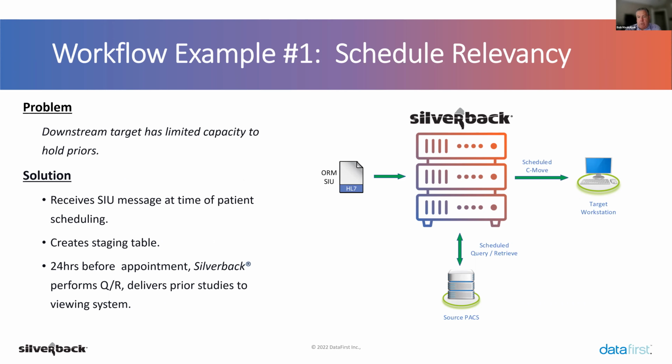And then on the last day of November, we'll go out and we'll move those relevant priors downstream to the viewing solution, thereby making them available at the time that the new exam comes inbound, and then they'll fall off based on the normal FIFO there. So again, this is really helpful when you've got a limited amount of storage on your viewing solution.